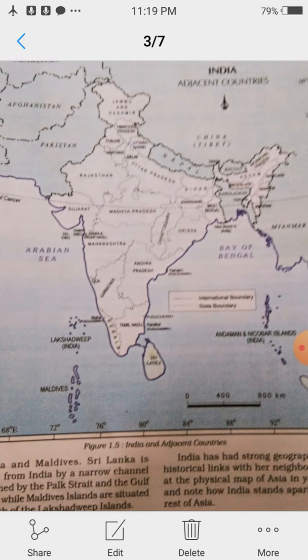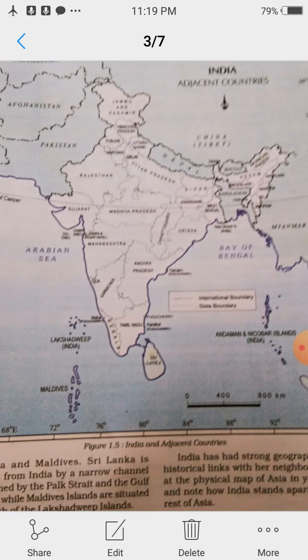Trans-Indian Ocean routes, which connect the countries of Europe in the west and the countries of East Asia, provide a strategic central location to India.